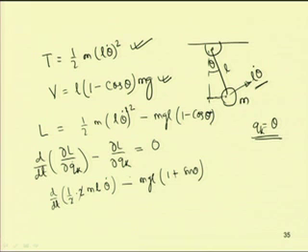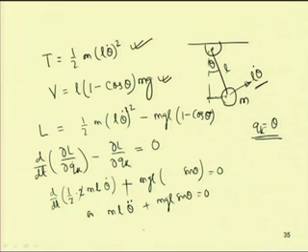We are differentiating with respect to theta and we have a negative sign here, so minus minus plus. The equation becomes m L theta double dot plus m g L sin theta equal to 0, or theta double dot plus g by L sin theta equal to 0.